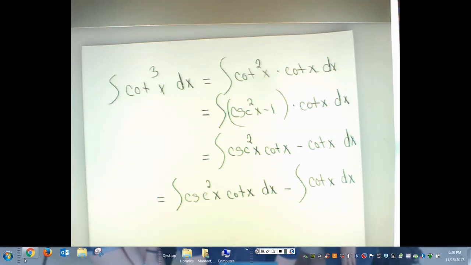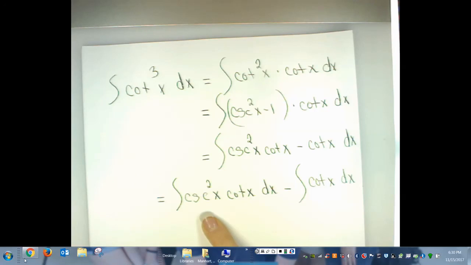And there's probably, I would say, more than one way to do that one. Think about what happens if you let u be, let's say, cotangent. What's the derivative of cotangent? Also think about what would happen if you let u be cosecant. What's the derivative of cosecant?